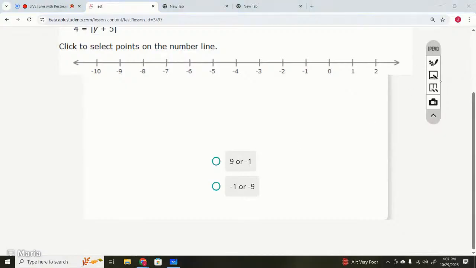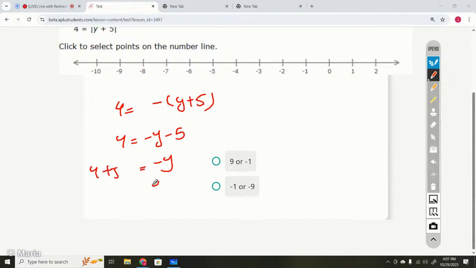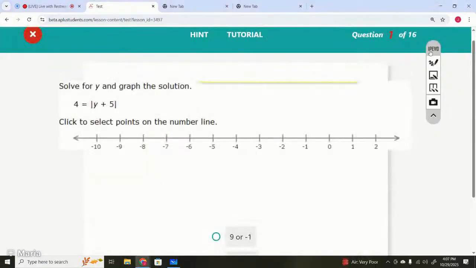Okay, let me see. The other one is 4 equals negative y plus 5. That would be 4 equals negative y minus 5. Negative y equals 4 plus 5. y equals negative 9. But that is the absolute value. We cannot consider the negative value.